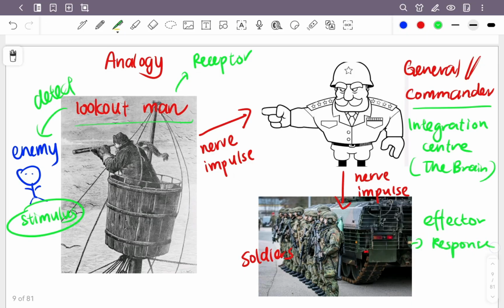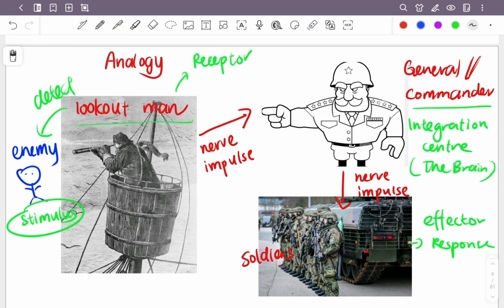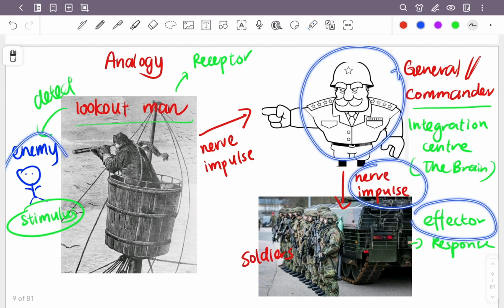Understand? Let's say this nerve impulse contains the signal saying that now you need to attack and eliminate the enemy. After the effector receives the nerve impulse from the integration center, they are going to carry out the response. What is the response? Based on the nerve impulse, which is attack. So they attack the enemy. Understand?